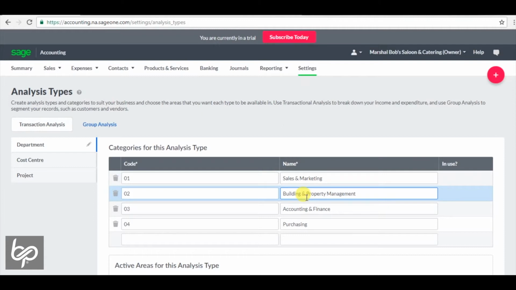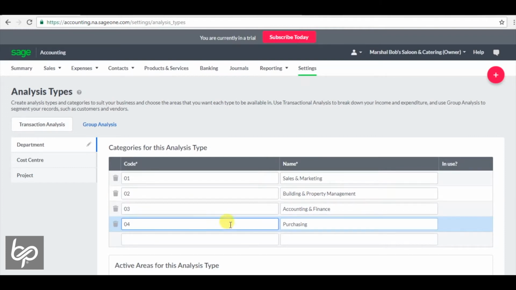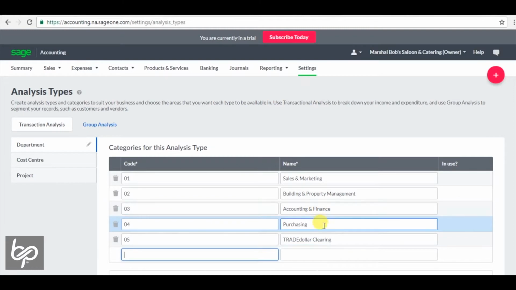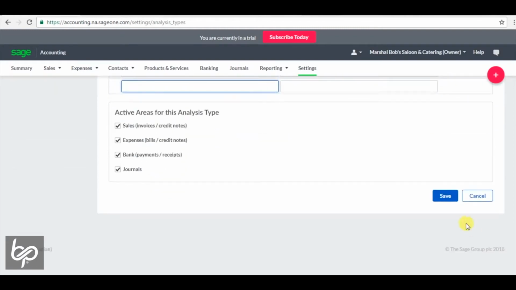One is to allocate a portion of the barter revenue to the department that is making use of barter, in sort of an inter-department allocation. The other option is to actually set up another department that's just the trade dollar or BarterPay clearing department. And so I'm just going to set that up. We won't use it in the one example, and we will use it in the other. And so we'll just save that.